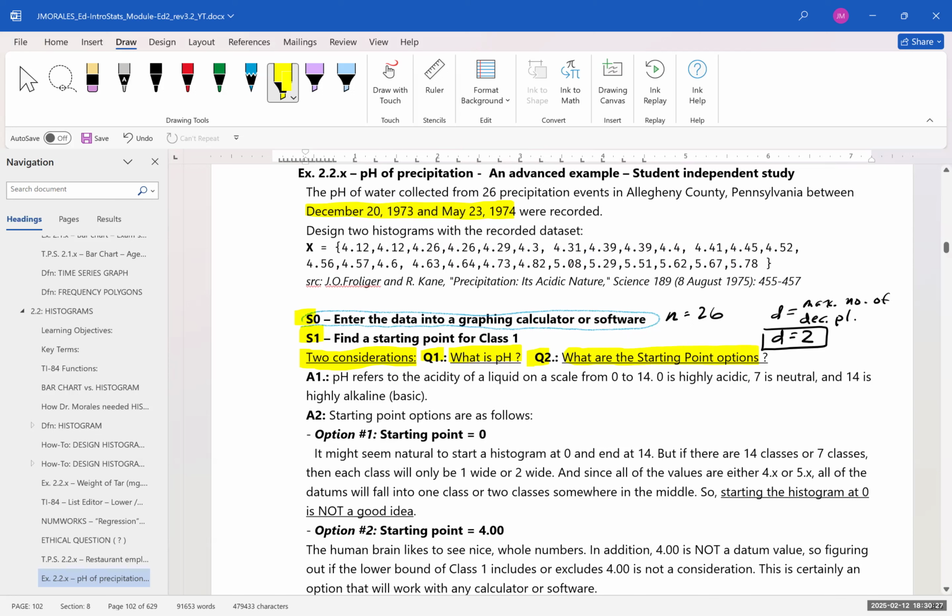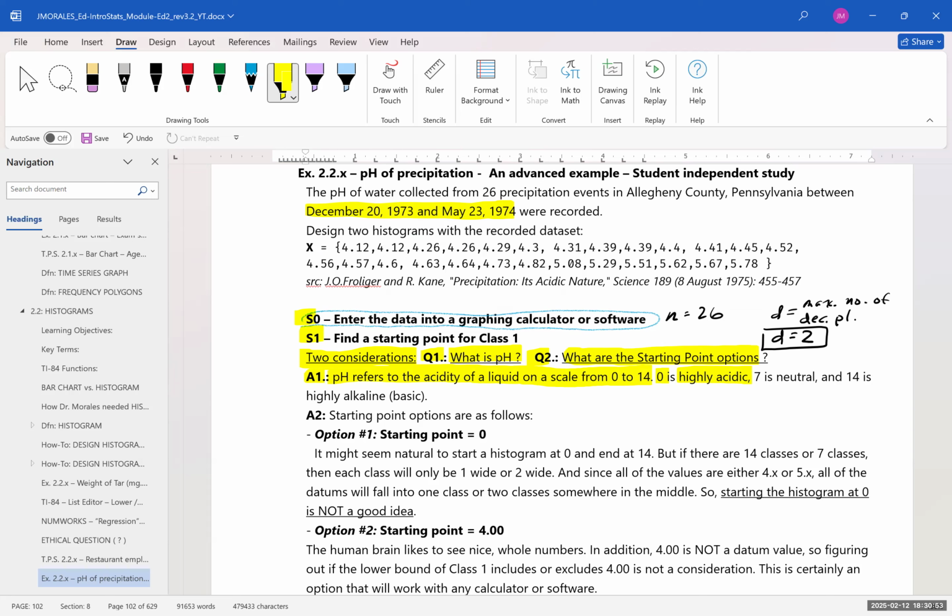In answer to question one, what is pH? pH refers to the acidity of a liquid on a scale from 0 to 14. So a pH value of 0 is highly acidic. I think the human stomach has a pH of 2, if memory serves correctly. I might be wrong.